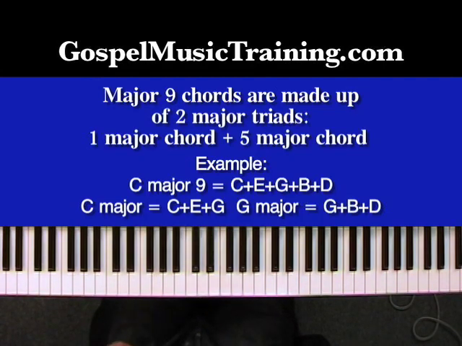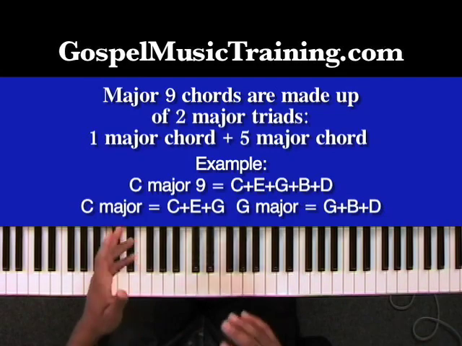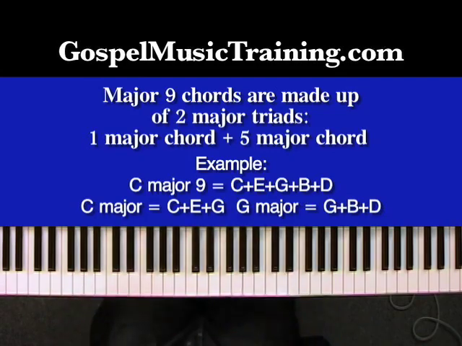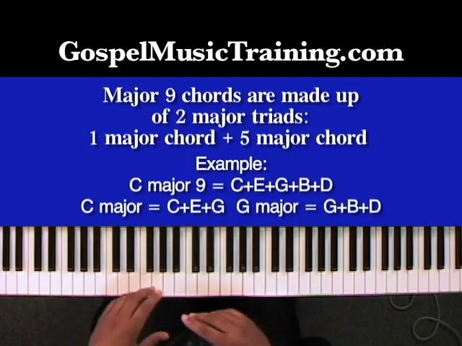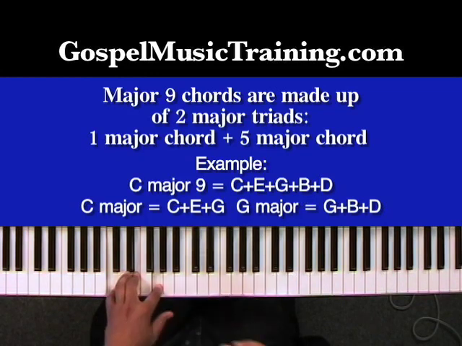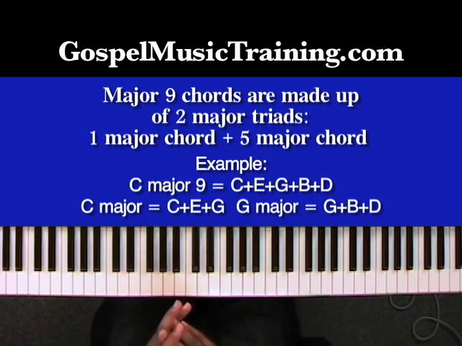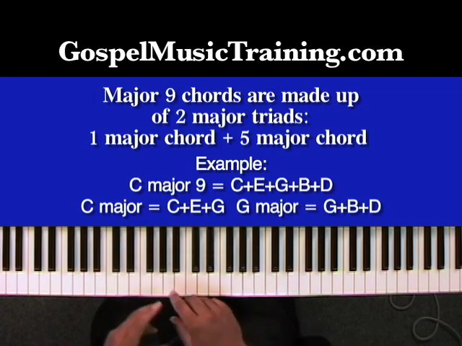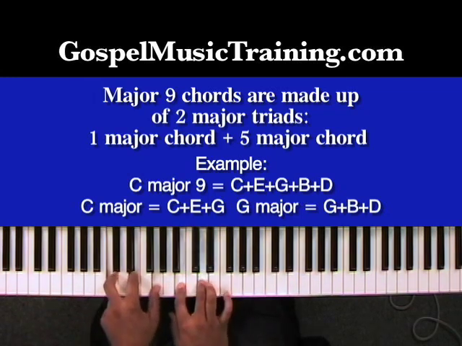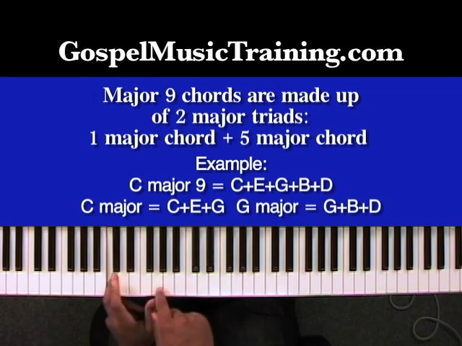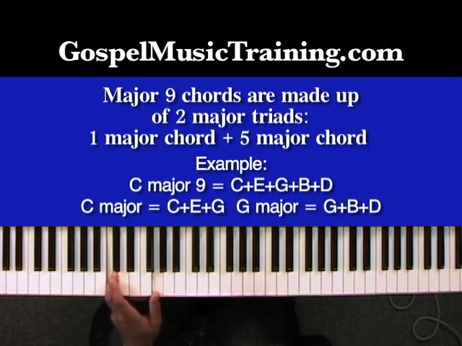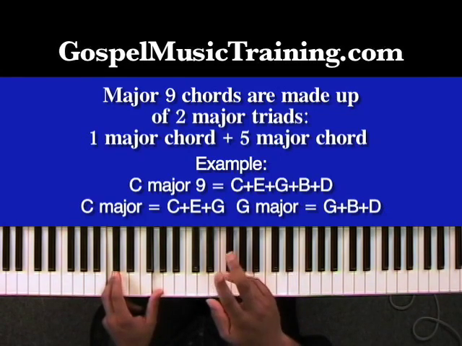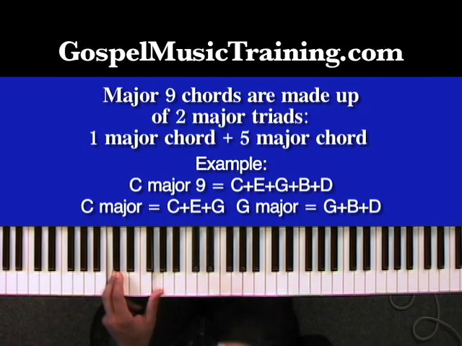So with any major 9 chord, always remember that you would add the 1 and the 5, okay? This is going to be considered built upon the 1 and the 5. So if you want a C major 9, you're going to involve C and G. Those are the two chords that you're going to look at. But what you have to identify is what type of chords you're going to mix together.